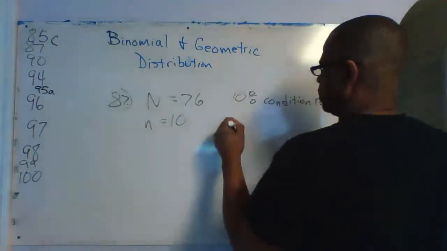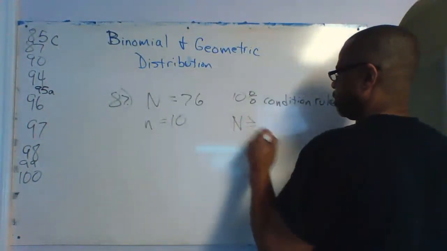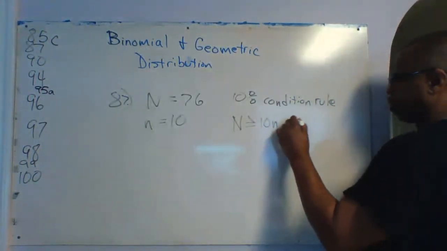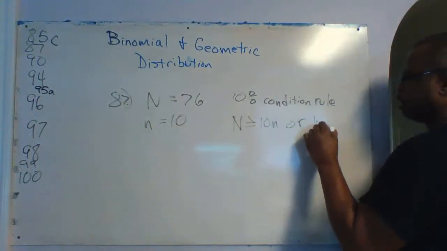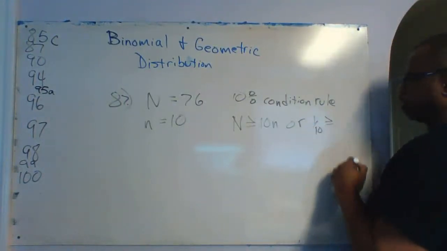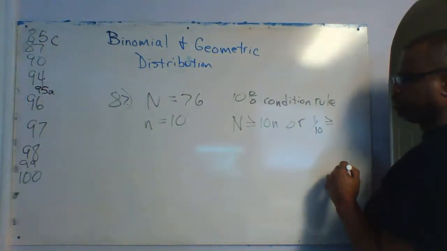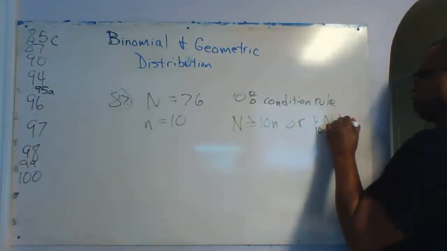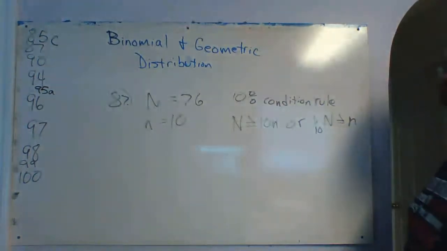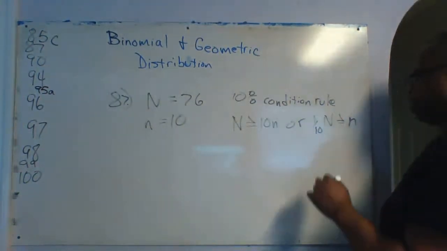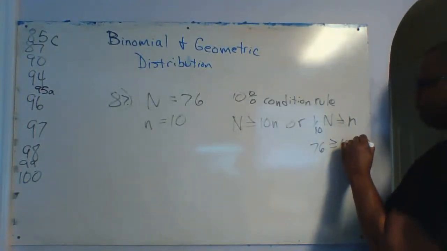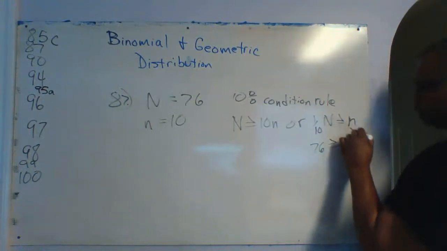or you can just do this. You could do n is greater than or equal to 10 times the sample size. Or you can do 1/10 of n is greater than... So if I come here and do this, this is 76, and this is 10 times 10, because this is n.